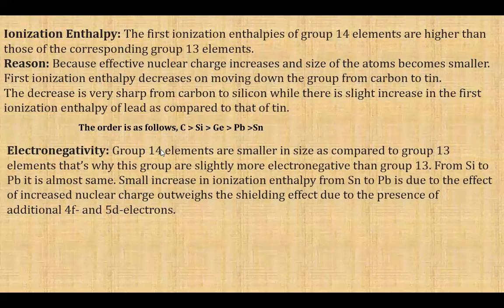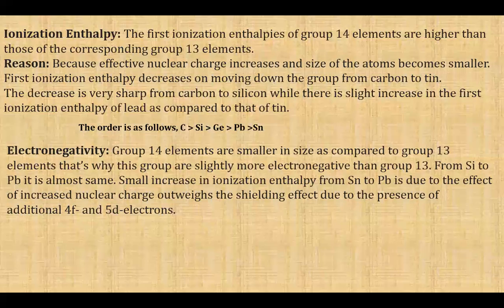So group 14 elements are smaller in size as compared to group 13 elements. That is why there will be high electronegativity, because of the decrease in the size of the atom. So size of the atom decreases, so ionization enthalpy increases.